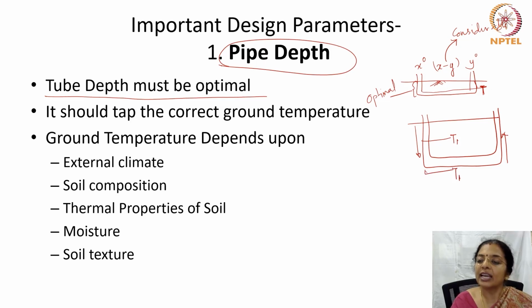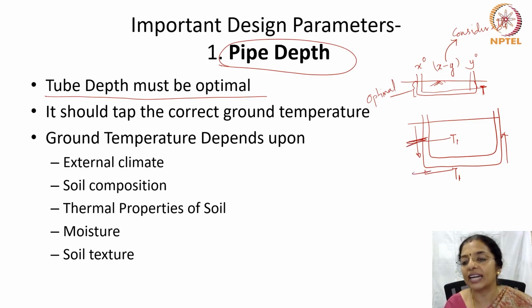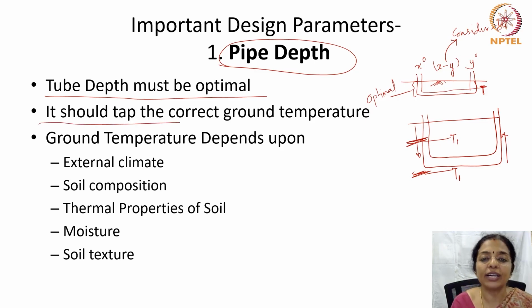There will be very minimal difference between the soil temperature at this depth and soil temperature at this depth, in which case it is meaningless to go too deep. It should tap the correct ground temperature. That is what I explained. Between T1 and say T1 plus delta T, there may not be much difference, and therefore optimizing is important.